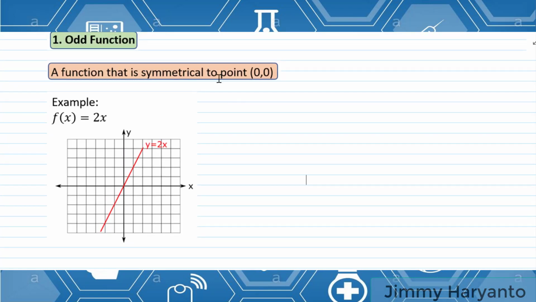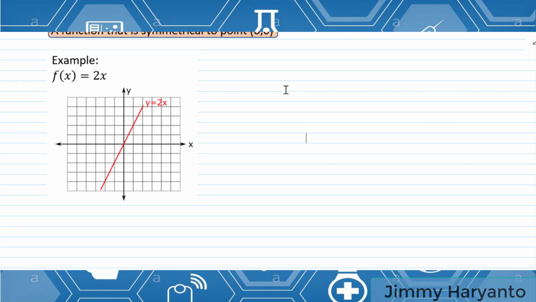What is the meaning of symmetrical to point 0, 0? First, you know that point 0, 0 is right here. Symmetrical means if you reflect your curve in a mirror at 0, 0, it will give you exactly the same as the first one.